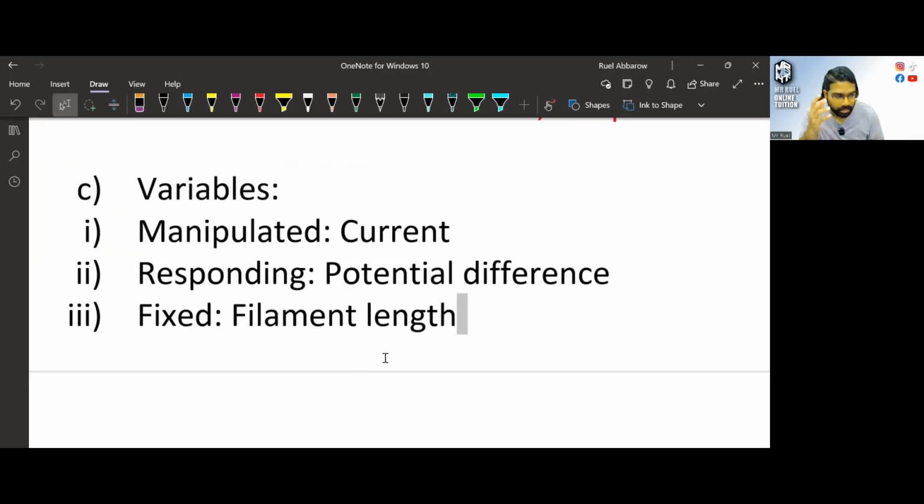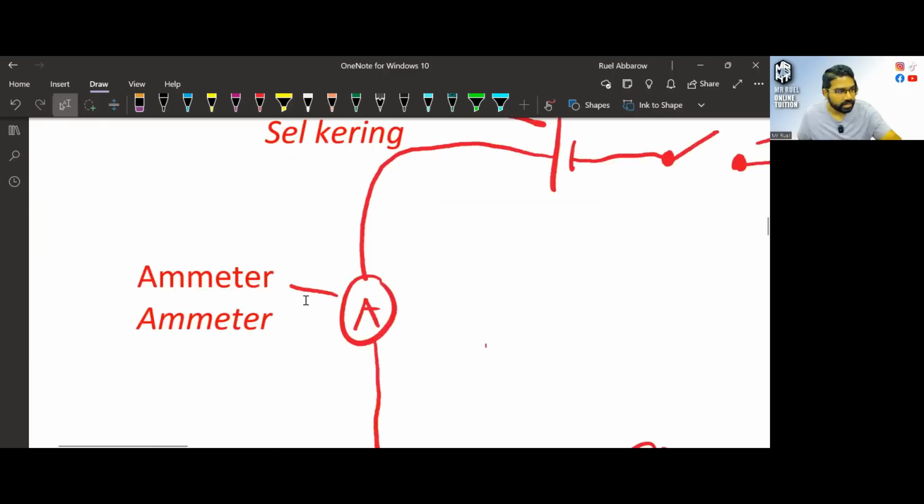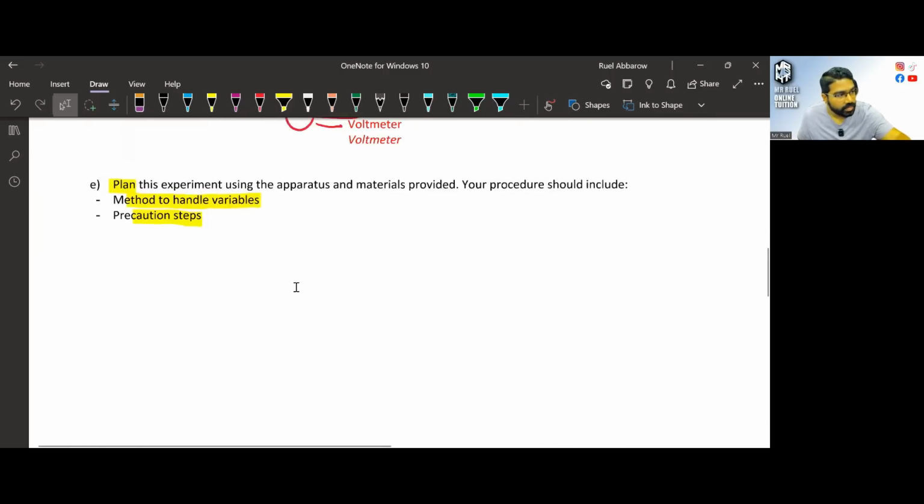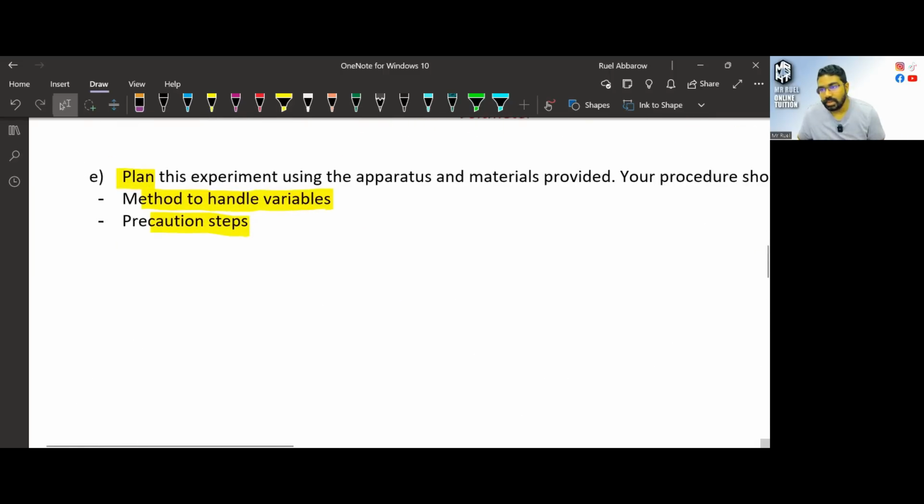How? So very simple. The way that you answer this is, okay, how do we manipulate the current? We use different values of current flowing through the filament bulb. And what do we do to achieve this?